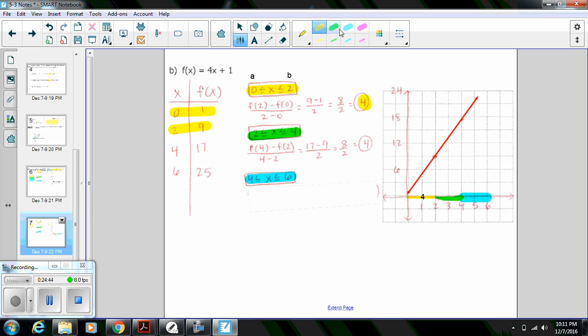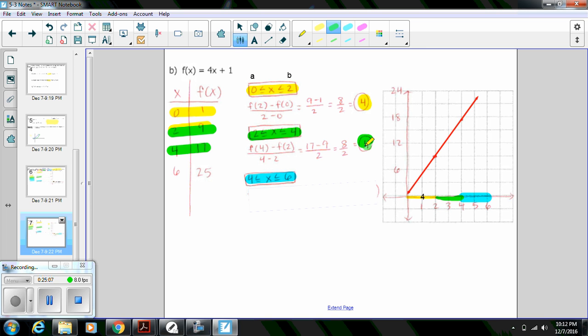My table is what's really helping me here. F of 4 out pops a 17, so I plug in a 17. F of 2 out pops a 9, so I plug in 9. So 17 minus 9 gives me 8. Then I look at my denominator. 4 minus 2 is 2. 8 divided by 2 is 4. This is awesome. It's working out perfect.